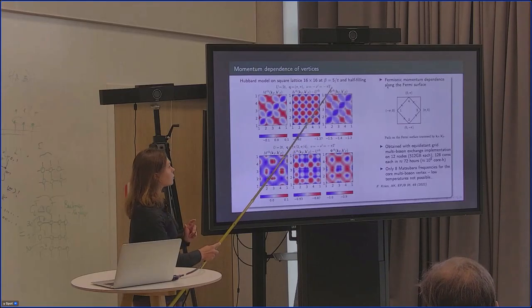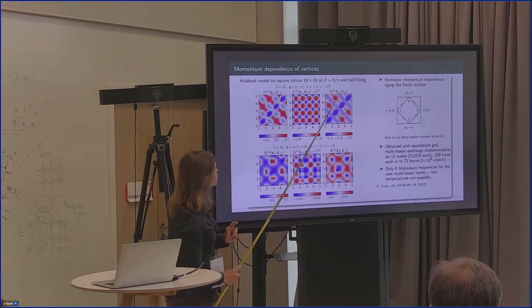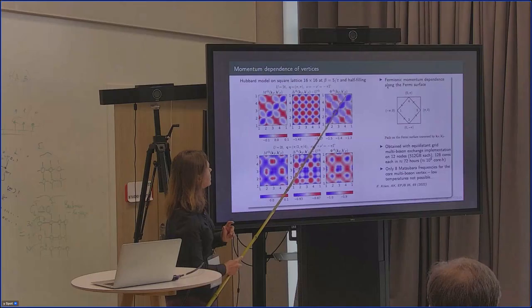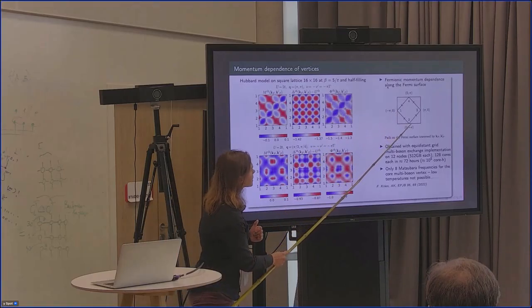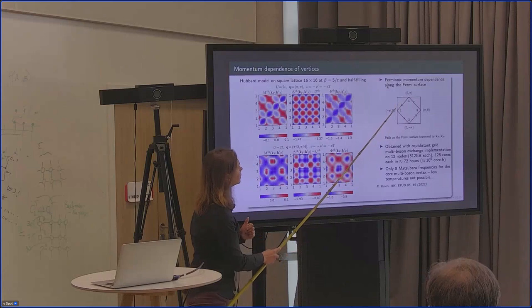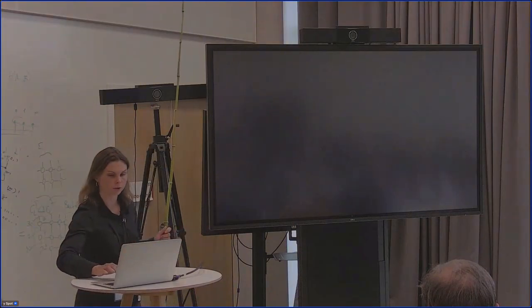So that would be the reducible vertex in the charge channel along a path in the fermionic momenta. Remember, each vertex is dependent on 3 momenta. 2 of them are fermionic, 1 is bosonic. And then it's along a path on the Fermi surface. It's half filling, so the Fermi surface is a square, and we go along the path for both of the fermionic momenta.